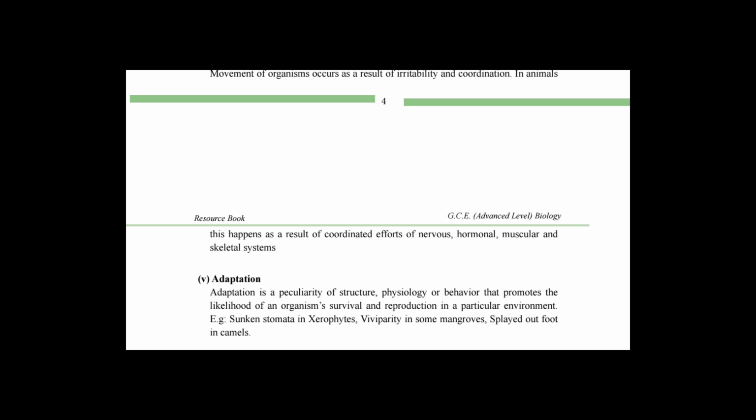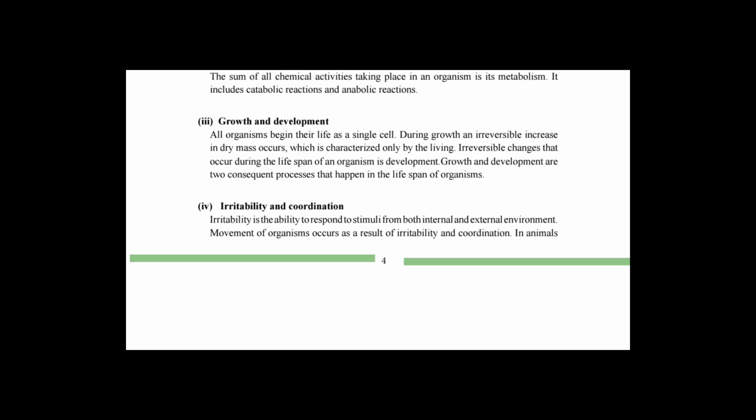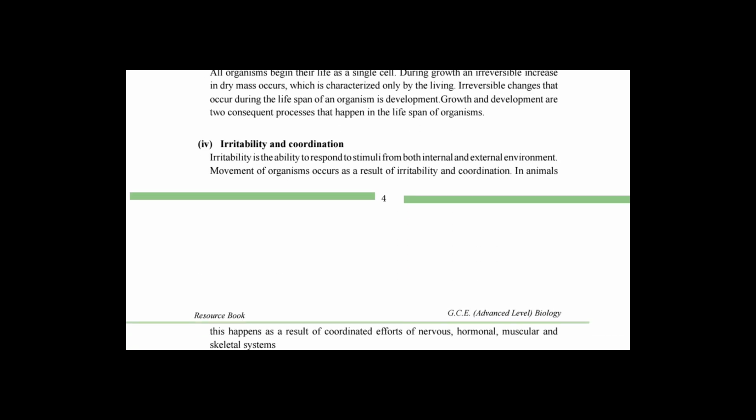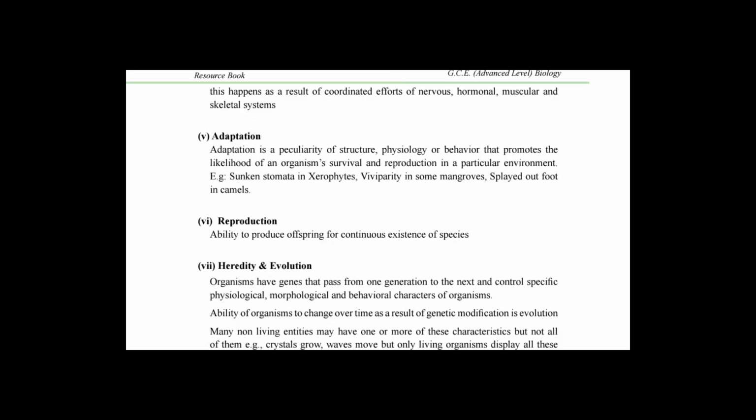So for the movement, these systems should be involved: nervous system, hormonal system, muscular system and skeletal system. All those four systems should act coordinatively for the human, for all organisms, to move. Okay. So remember these things as well.